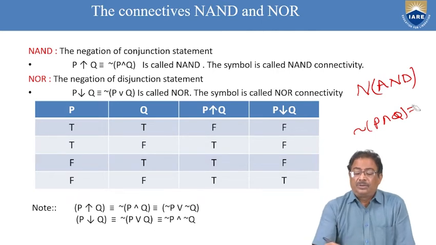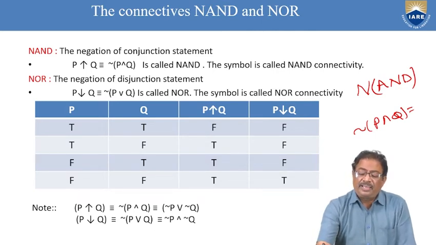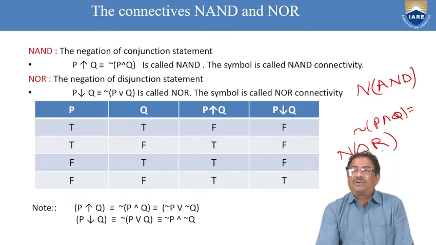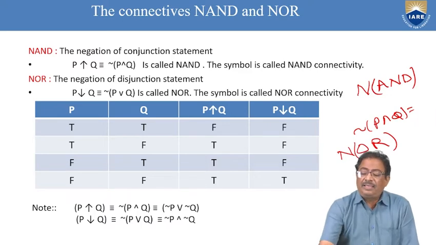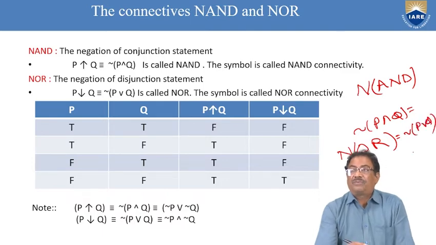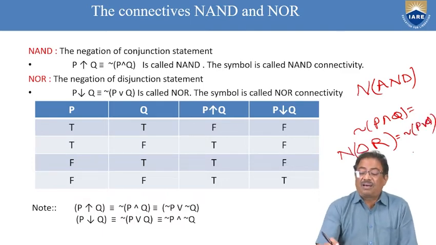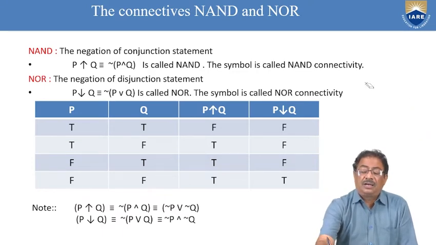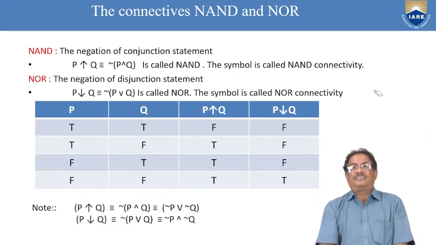Similarly, NOR is the negation of OR. So this can be written as the negation of P or Q, which is NOR. Now let us concentrate on how to construct the truth table for this.